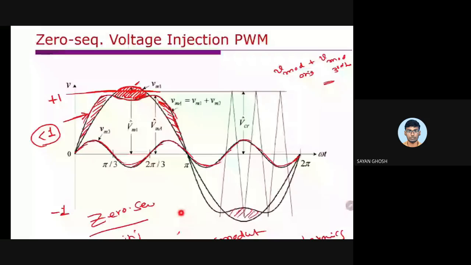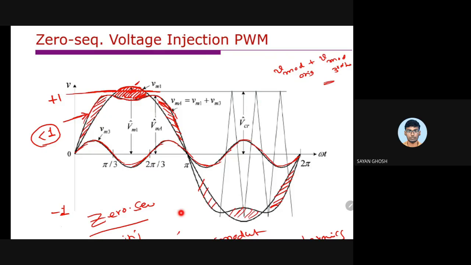The peak value is reduced when you add the zero sequence, so there is some reduction in the output voltage, but it is gained here. That means the shoulders are widened.